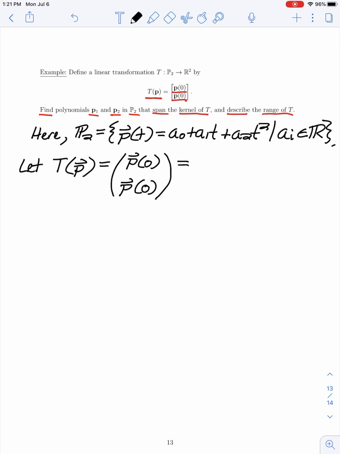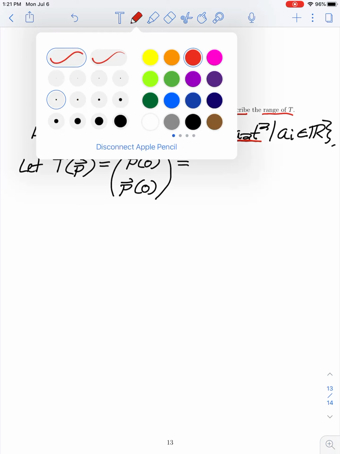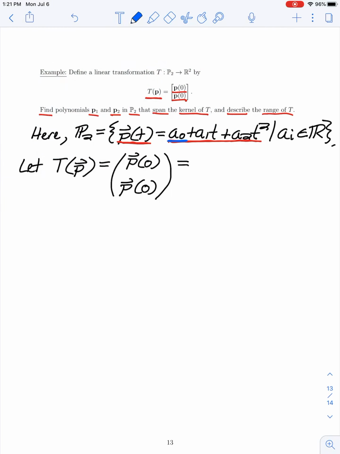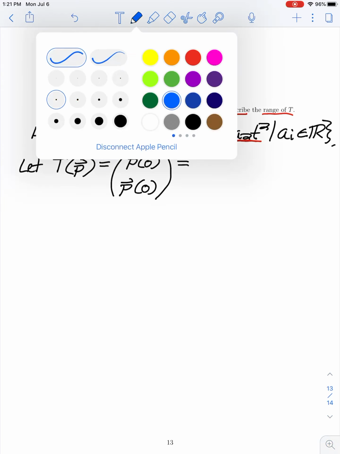Now here, for any representative polynomial p of t as part of P2, if we evaluate this polynomial at t equals 0, well, our a1 and a2 terms disappear, and we are only left with a constant, a0.